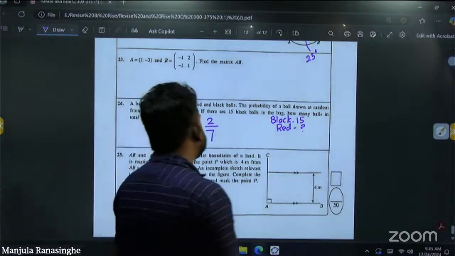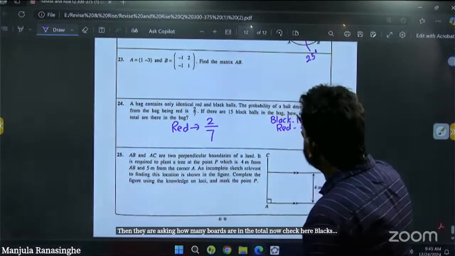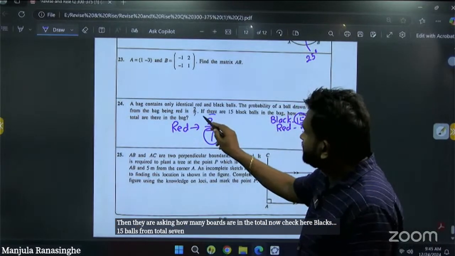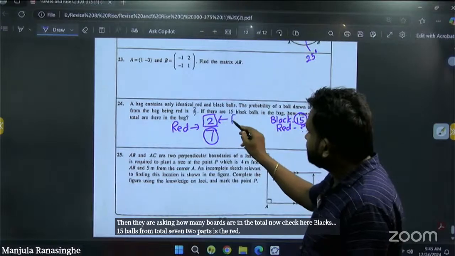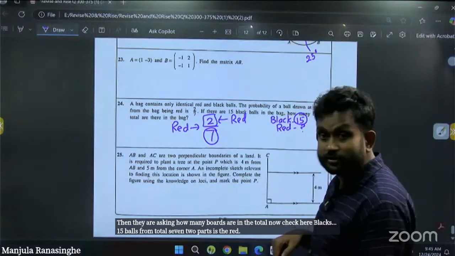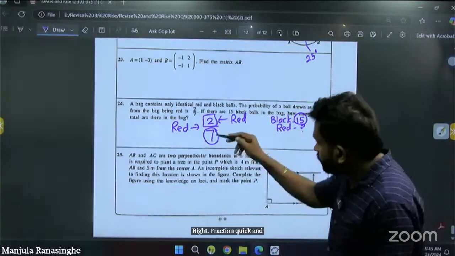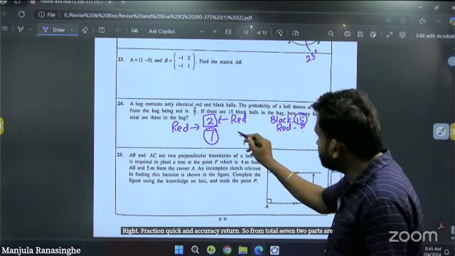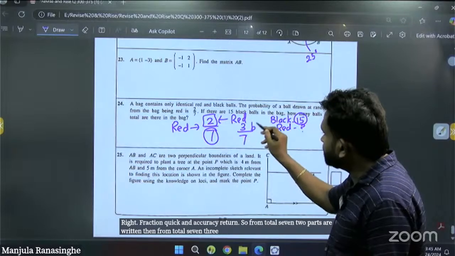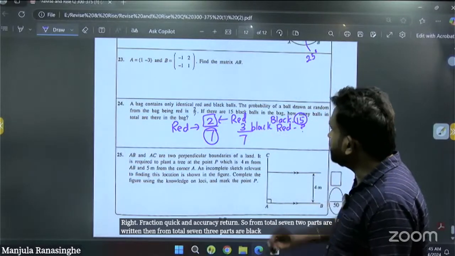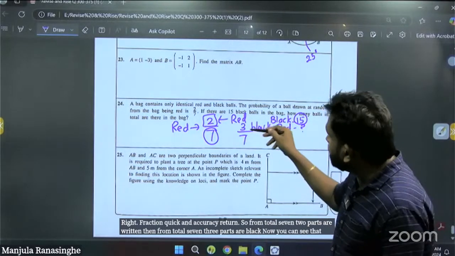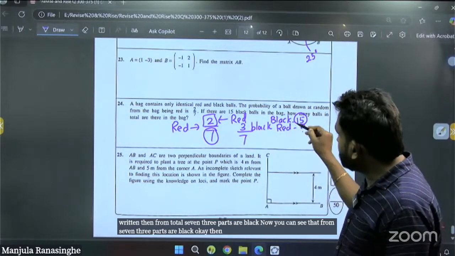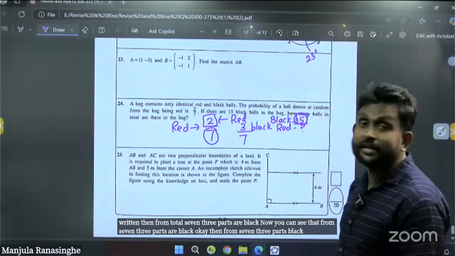You can think like this. Blacks are 15 balls. From a total of 7, 2 parts are red. It is a fraction question, so from a total of 7, 2 parts are red and 3 parts are black. Black ball-wise that is 15.